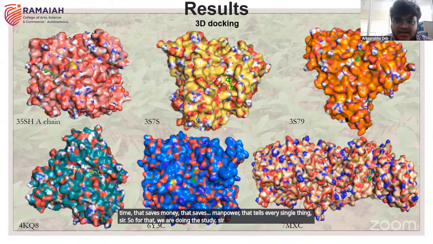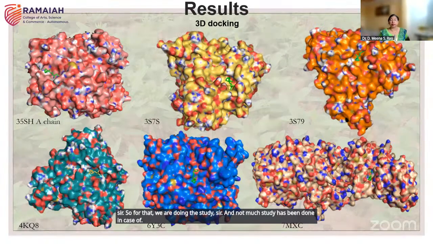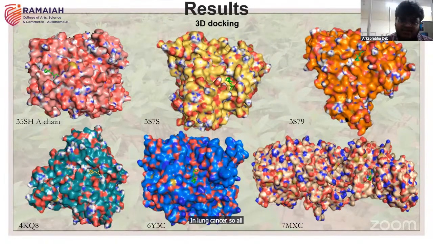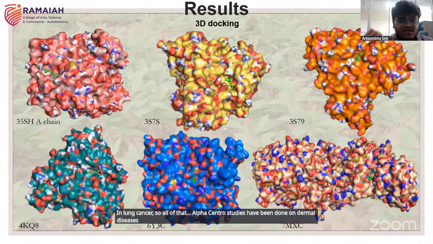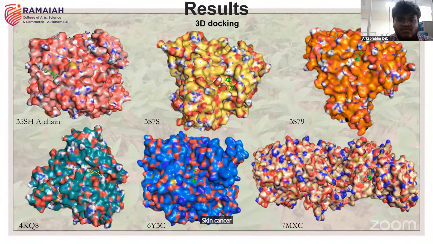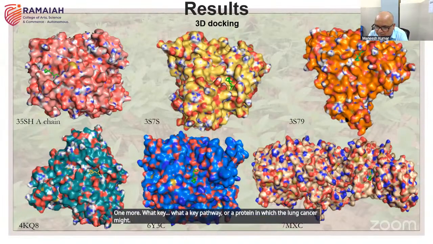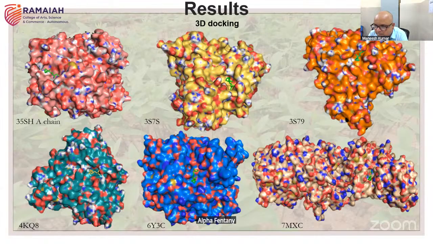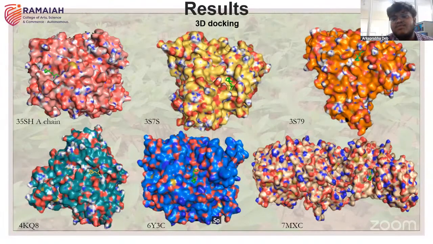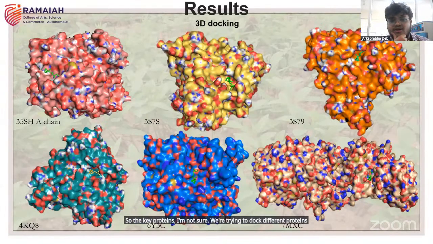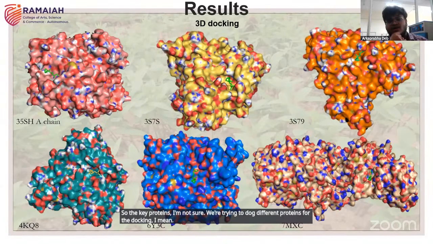Not much study has been done on lung cancer. All of the alpha santalol studies have been done on dermal diseases and skin cancer. So we're trying to dock different proteins to find a key pathway or protein that alpha santalol might target in lung cancer.